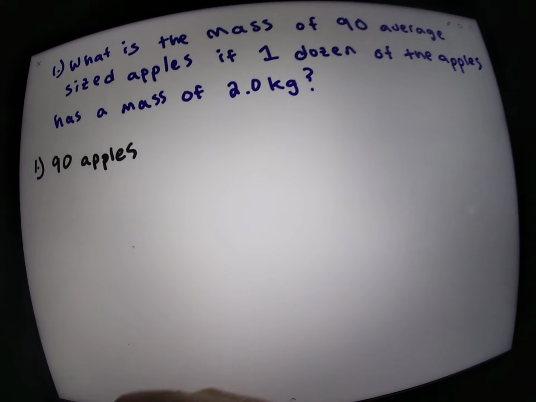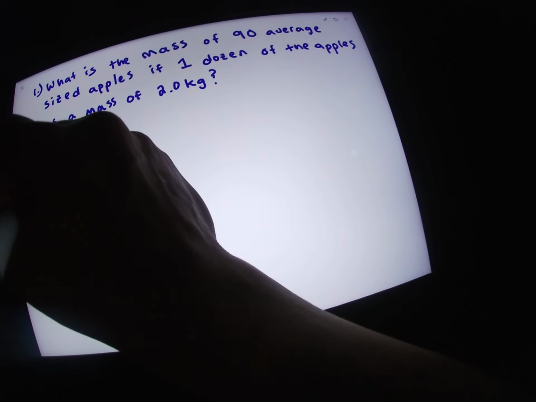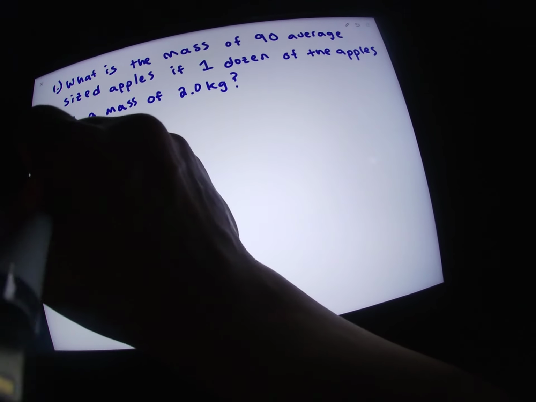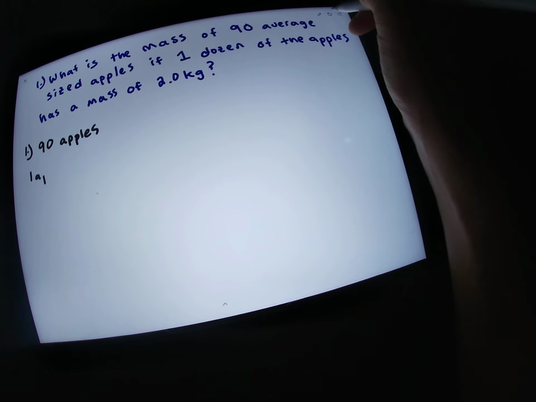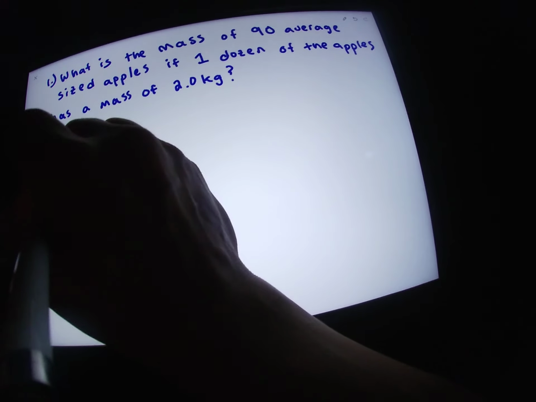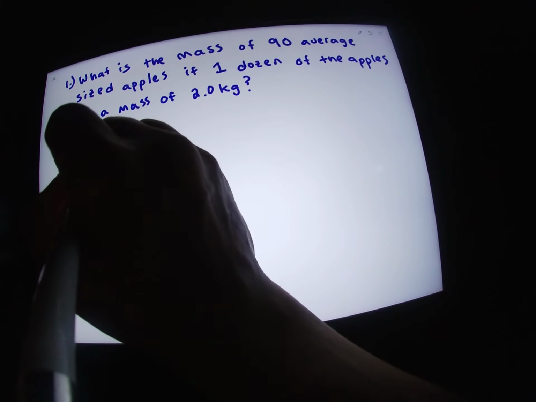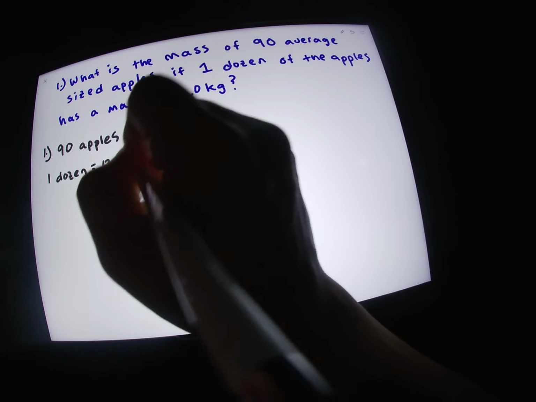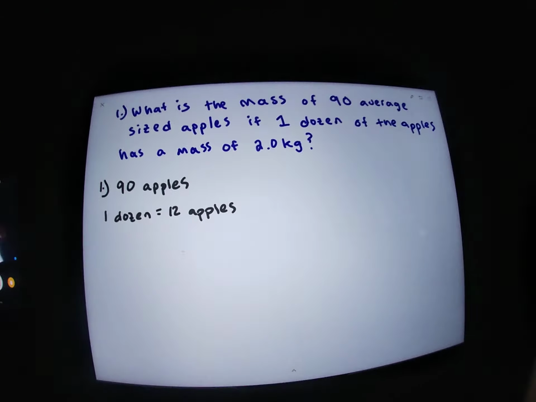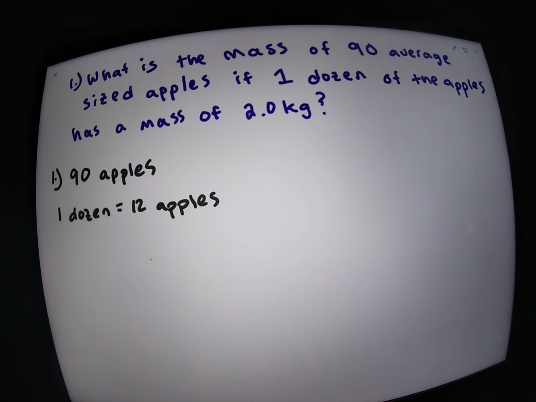And we know that 1 dozen of apples has a total of 12 apples. So, 1 dozen equals 12 apples. So that's what's given.